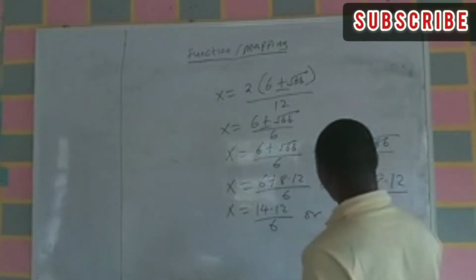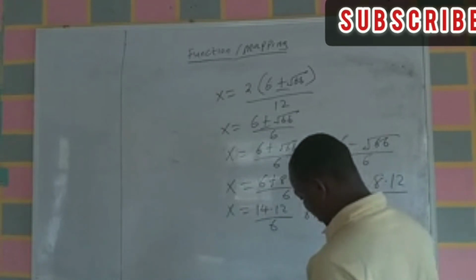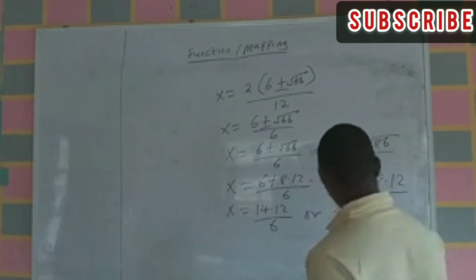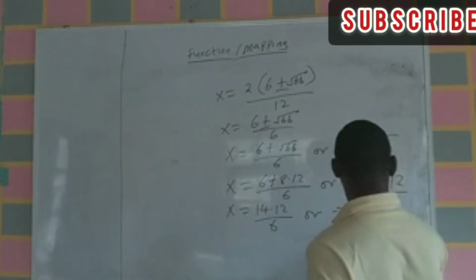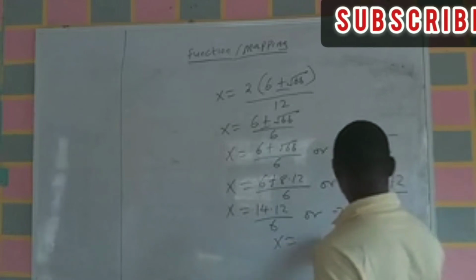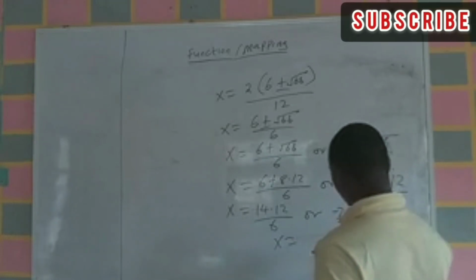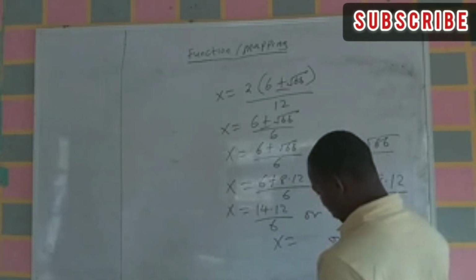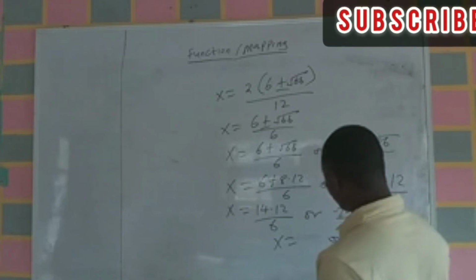We can divide it further, and we have about 0.35 for this one, which is 14.12 divided by 6.